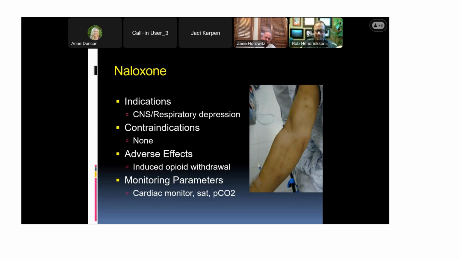But if we have someone who has a dependency or has tolerance and develops withdrawal, then giving too high a dose of naloxone can induce precipitated withdrawal. Precipitated withdrawal is usually just uncomfortable, but has occasionally led to a big norepinephrine surge, and in people who are predisposed to it, has led to ventricular arrhythmias.